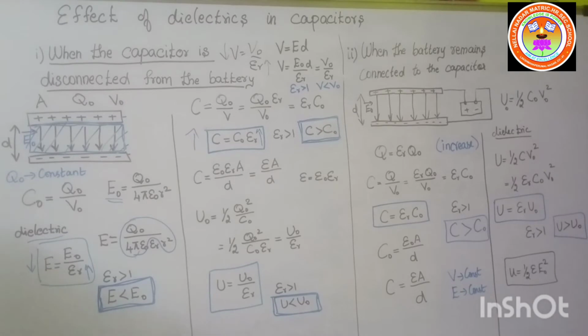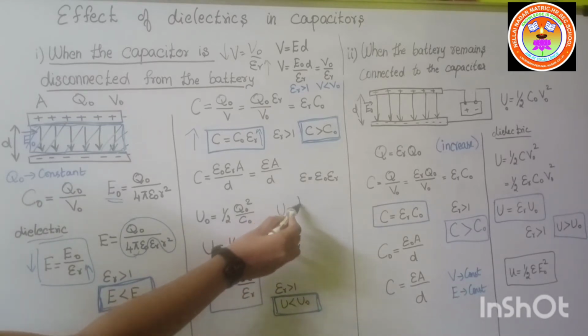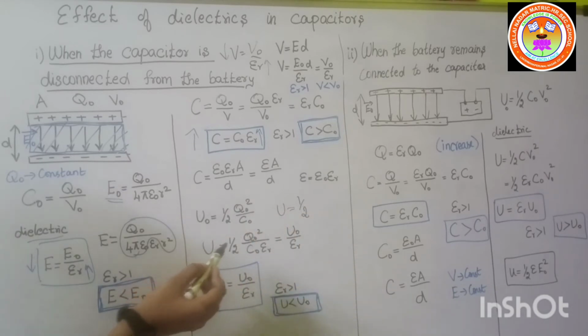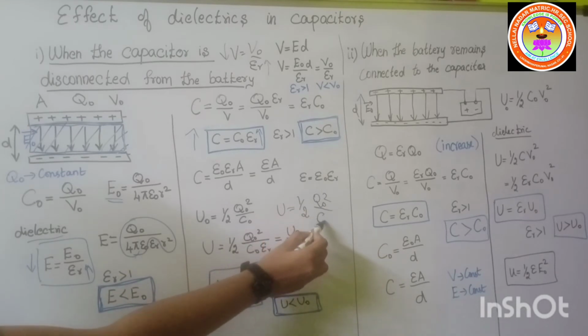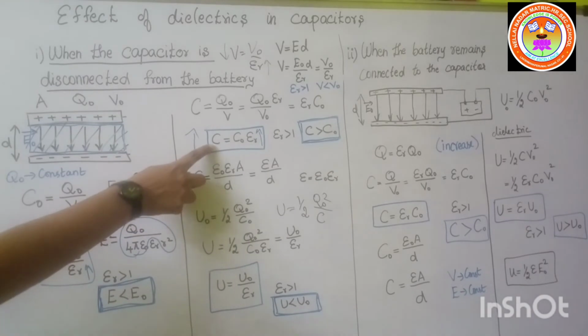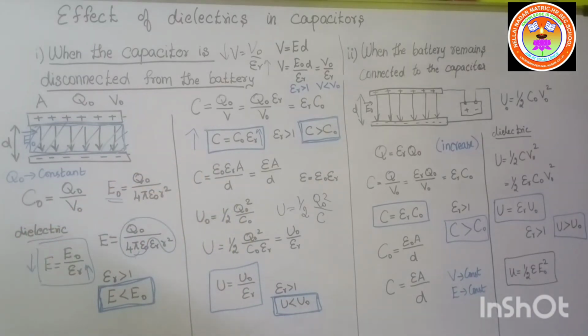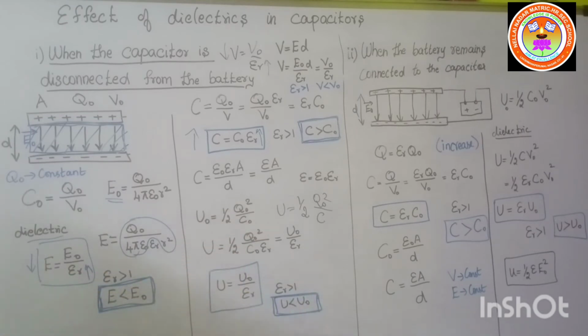In general, the formula is U is equal to 1 by 2 Q naught square by C. Already you know that the value of C is C naught into epsilon R. So in the place of the denominator C, we can write C naught into epsilon R.